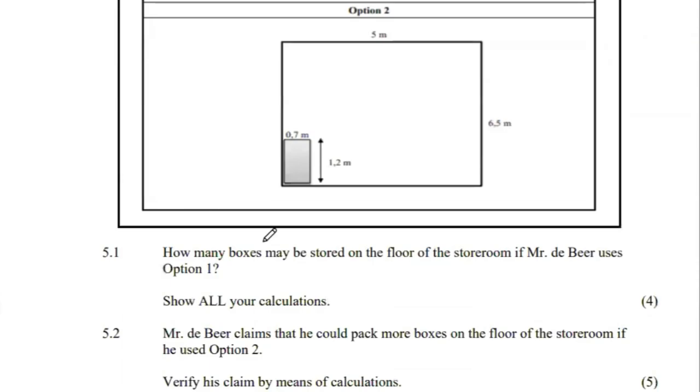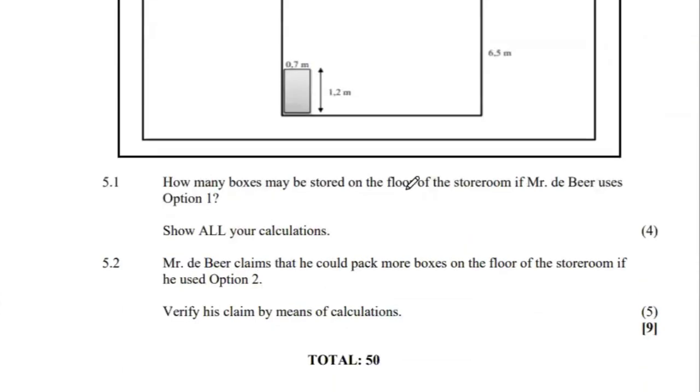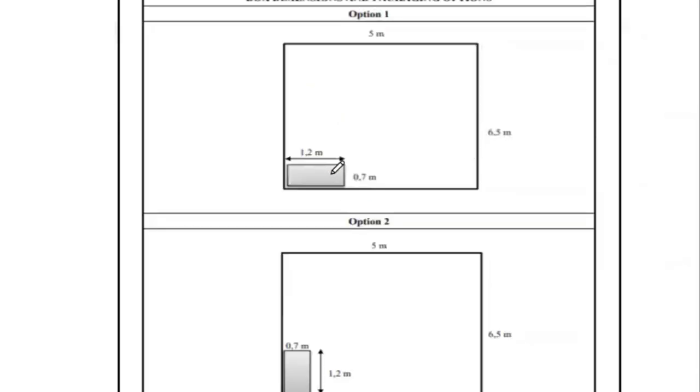So now, option 1. Okay, let's see the questions. How many boxes may be stored on the floor of the storeroom if Mr. D uses option 1? Let's go and we see what's going to happen. Now, when you look here, the long side of the box is facing the short side. Okay, it's fine.